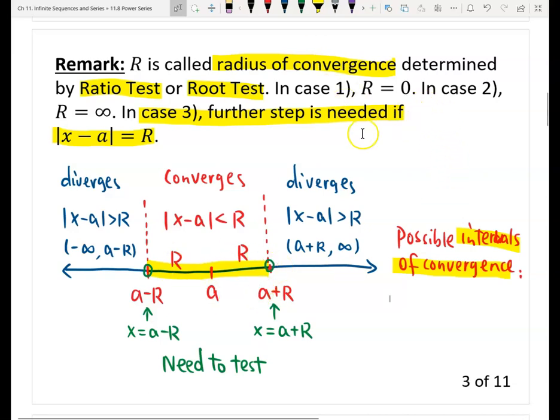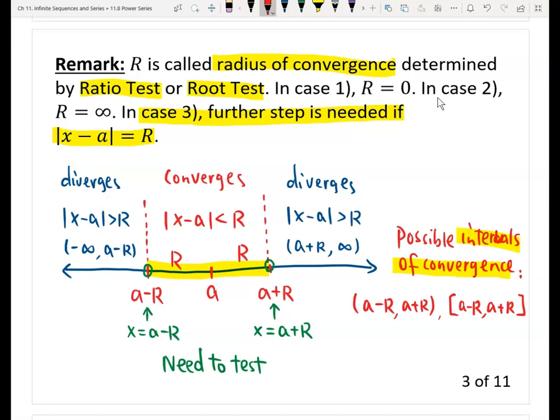We have 4 cases. The first is a minus r to a plus r, an open interval, which means both endpoints diverge. The second case is a minus r to a plus r, a closed interval, which means both endpoints converge.